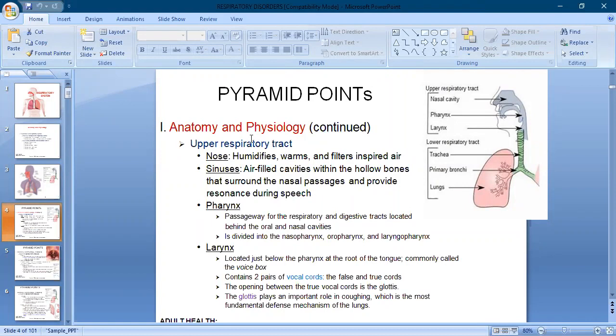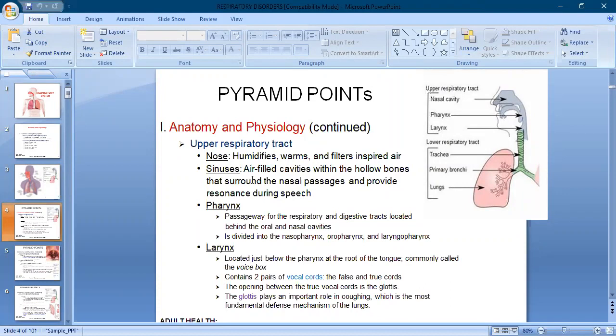So the upper respiratory tract starts with the nose, then continues to the sinus. Sinuses are air-filled cavities. These cavities contain air and make our bones lighter.